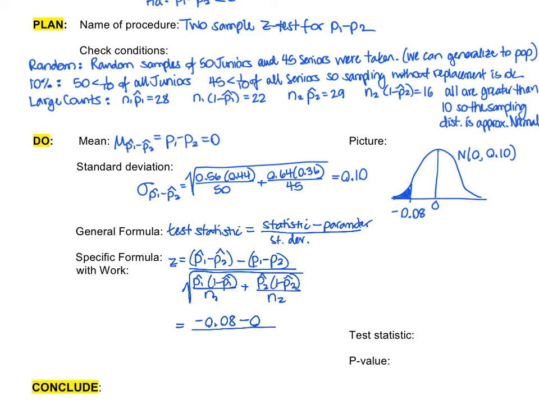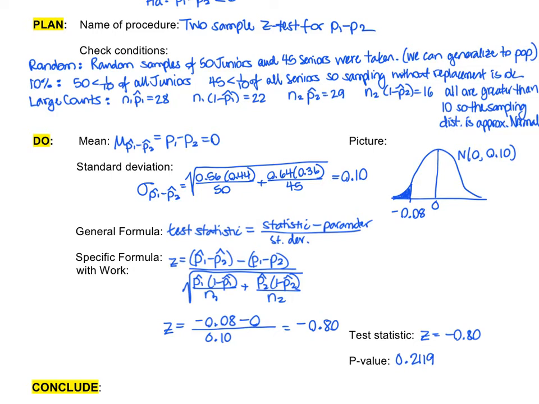And that's going to be divided by the standard deviation that we calculated, which is 0.10. And this is going to give us negative 0.80 for our z value. Okay, and then remember what we would do next is find the p-value that goes along with that z test statistic. And we can use normal CDF for that.